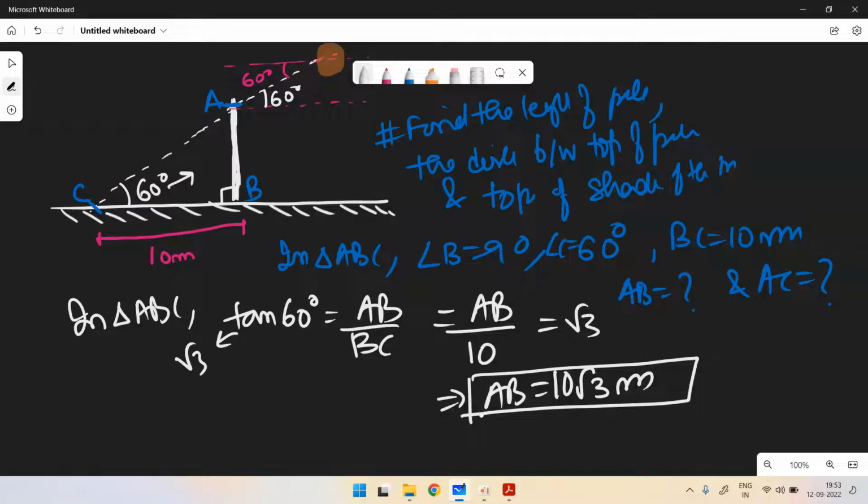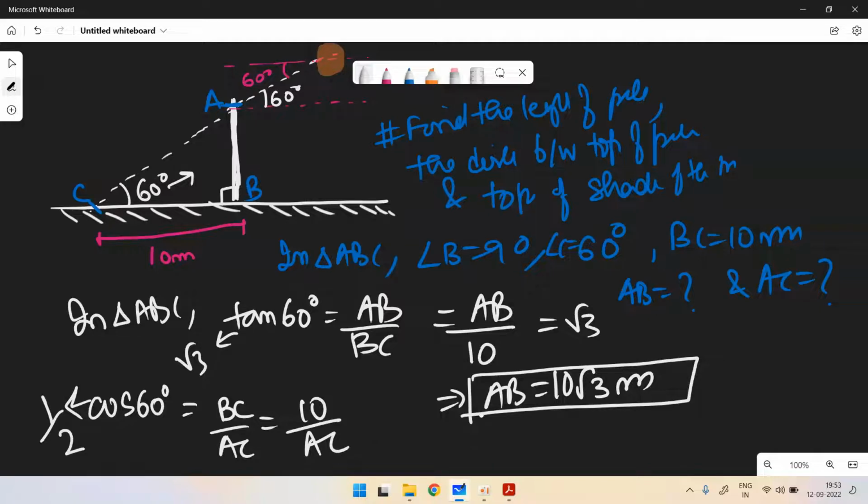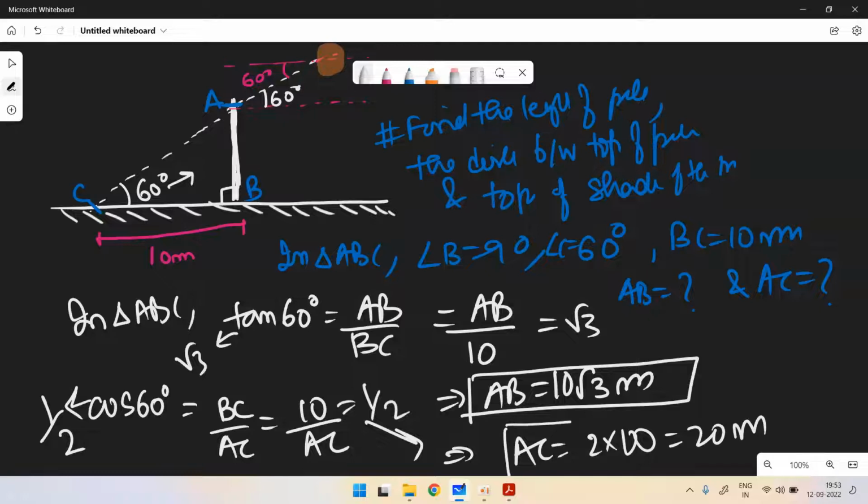Base by hypotenuse is cos theta, so cos of 60 degrees is BC by AC. BC is 10 meters and cos of 60 degrees is half, which implies AC equals 2 into 10, which is 20 meters. This is the distance between the tip of the pole and the tip of the shadow casted by it.